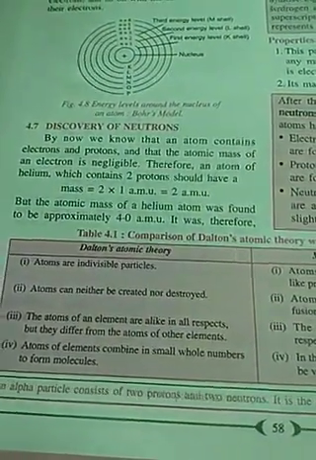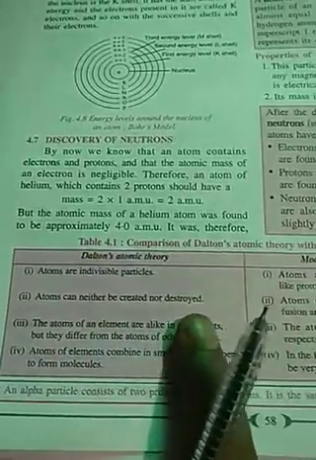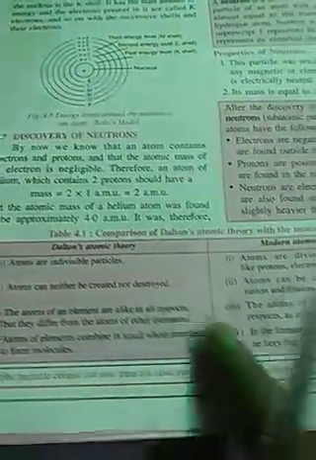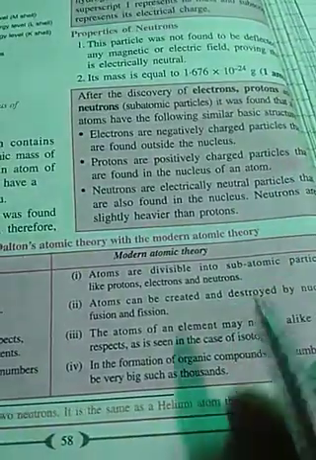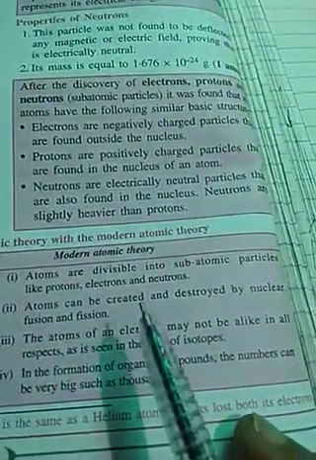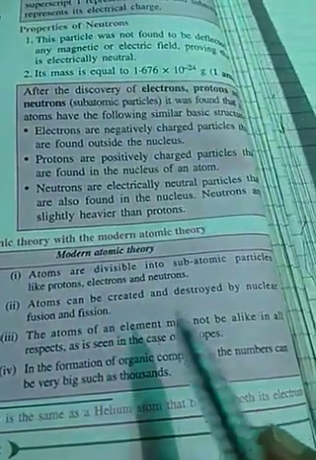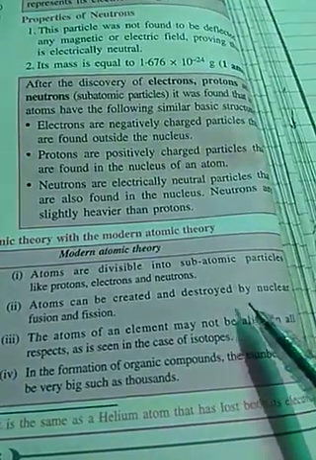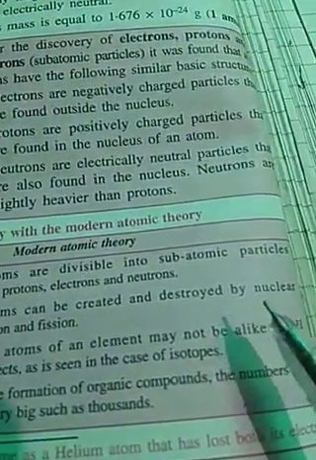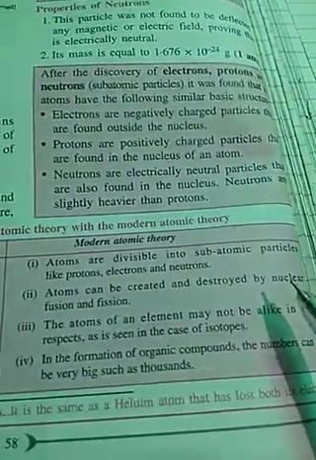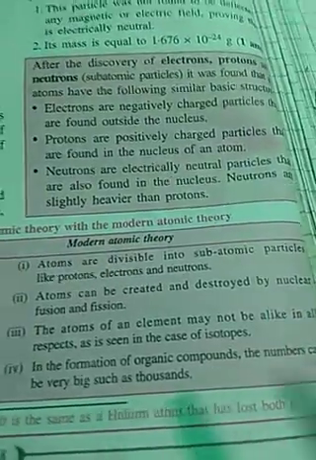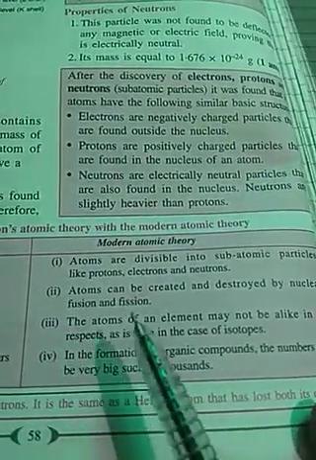Dalton said atoms can neither be created nor destroyed. But here, atoms can be created. They can be destroyed, not physically, but by nuclear reactions. This is your fusion and fission.